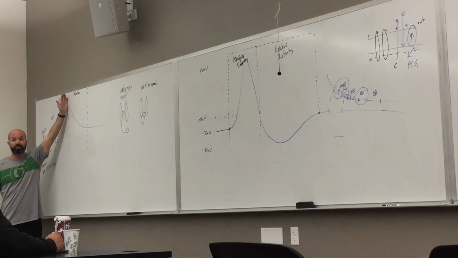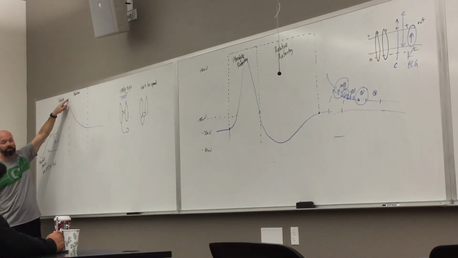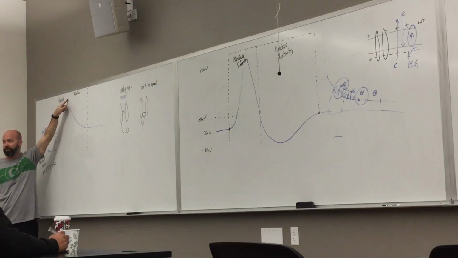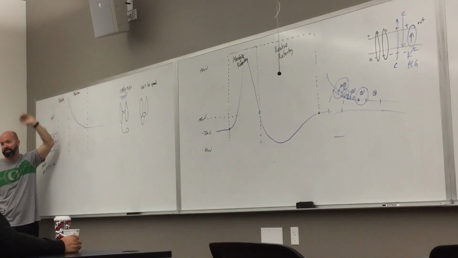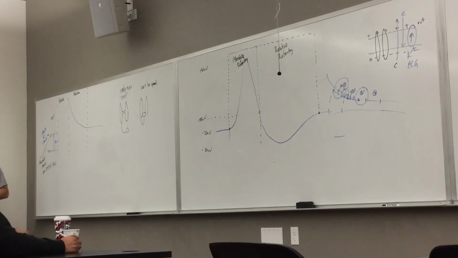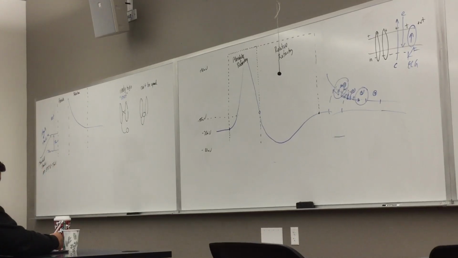If that EPSP is strong enough, if I'm pushing really hard on that Pacinian corpuscle and I'm opening all the mechanically gated ion channels, maximum sodium influx, my EPSP is as strong as it can be, I don't even have to wait for relative refractory, right? As soon as it starts, boom, next action potential. That's a really high frequency, 1 every millisecond. So depending on how hard I'm pushing on that Pacinian corpuscle, I'm somewhere between 1 every 15 milliseconds and 1 every 1 millisecond. That's rate coding.